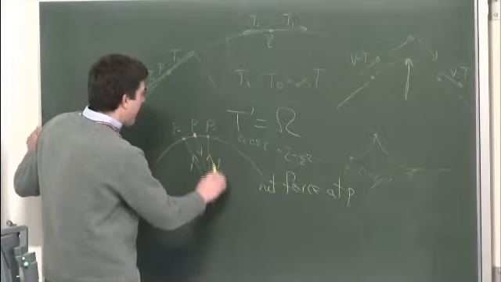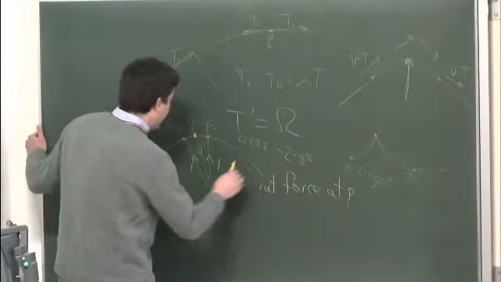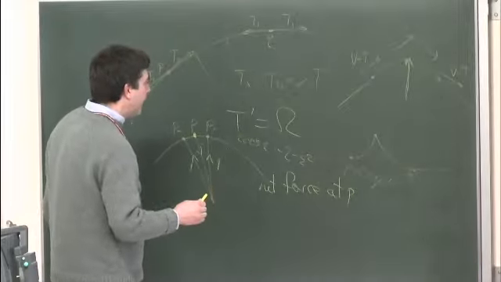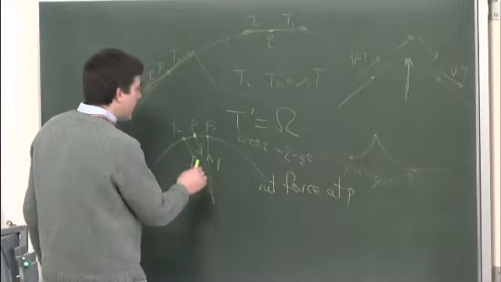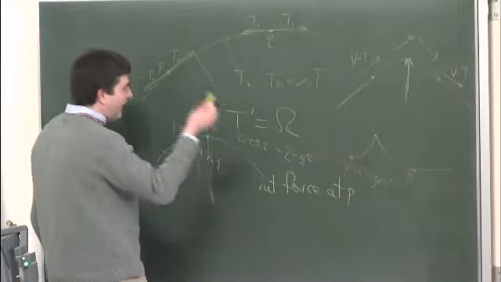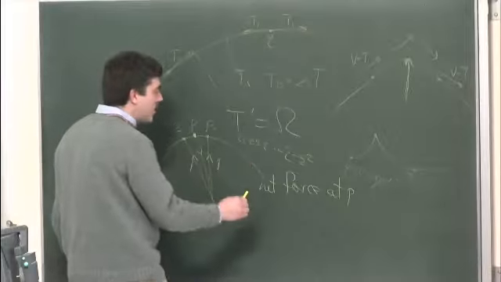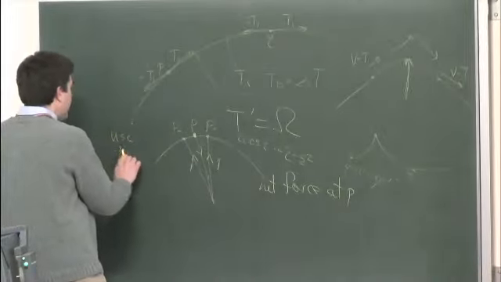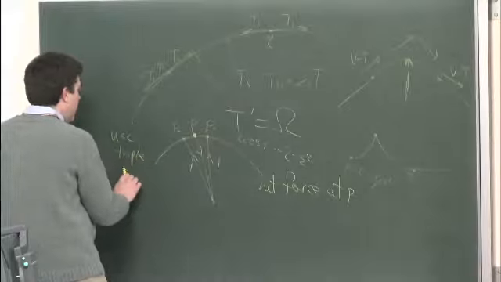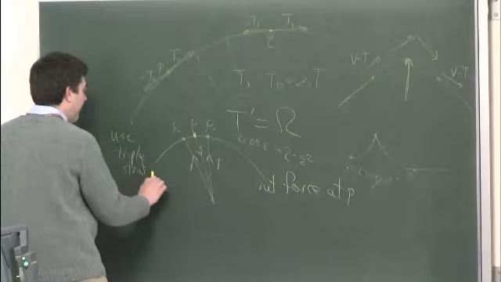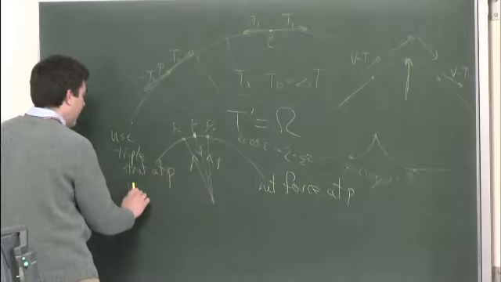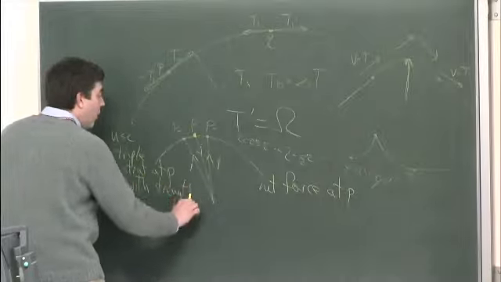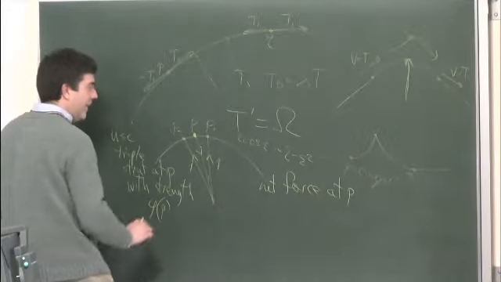So I need to tell you the interpretation. Use a triple strut at P with strength phi of P.